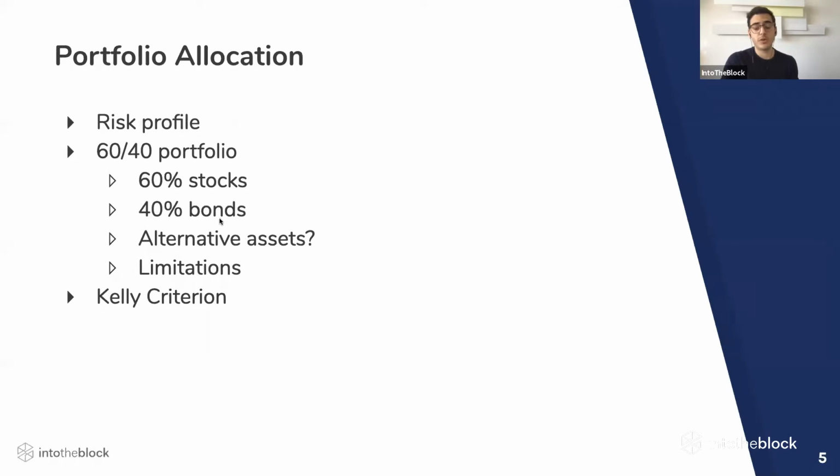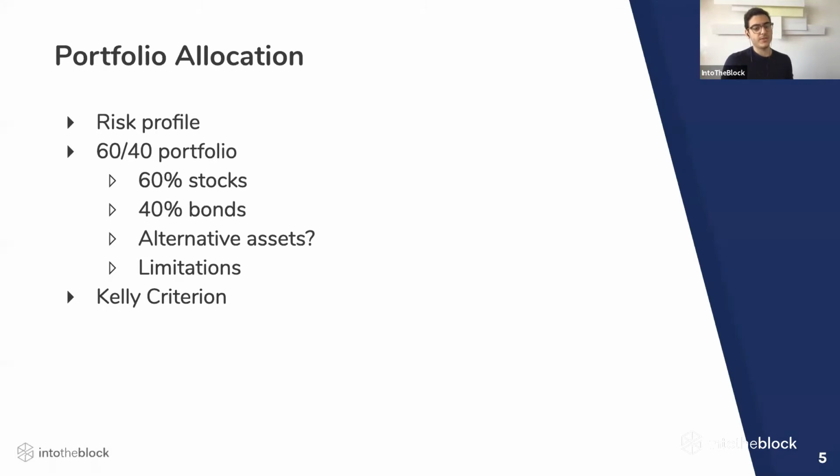Some of the tools I want to get into are those used for portfolio allocation in traditional finance. You've probably seen, either in a robo-advisor or with very traditional financial advisors, how they ask you about your risk profile, maybe your age, your risk tolerance.